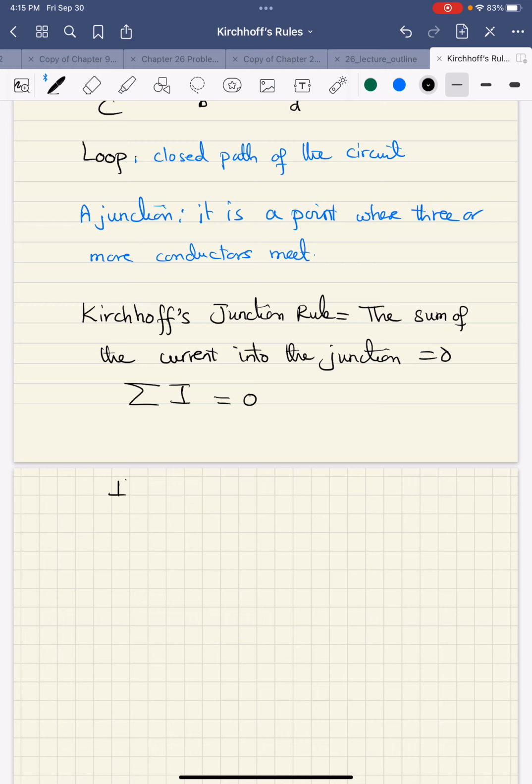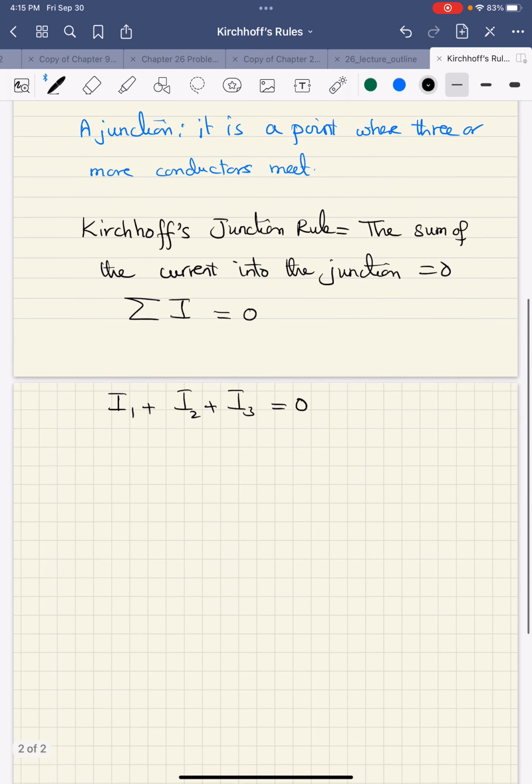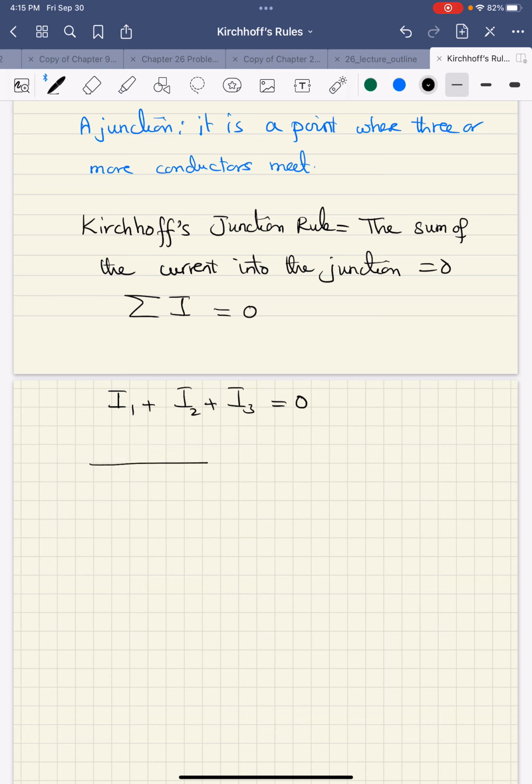Then I might say I1 plus I2 plus I3, in my case maybe they are 3. What this means is that if I have a junction here, and this is current I2 and this is current I1, they are going to go through this one, which is I1 plus I2, which I can call I3. This is something that we need to know.